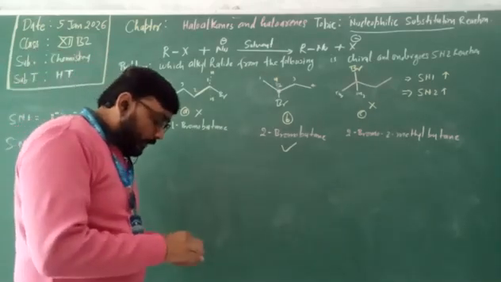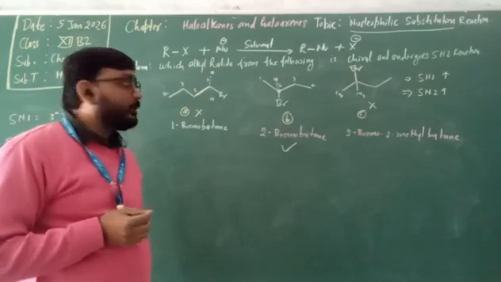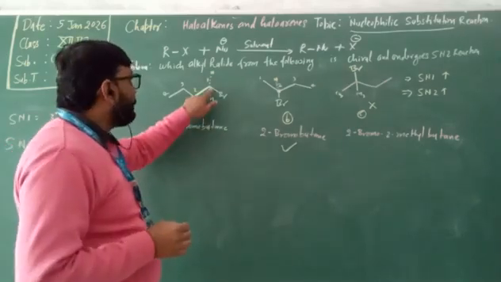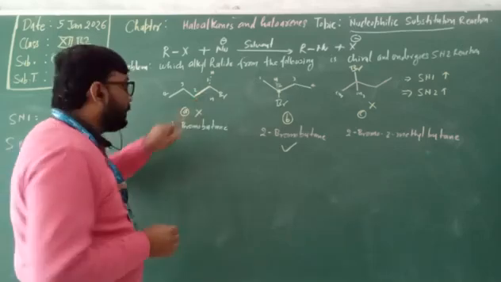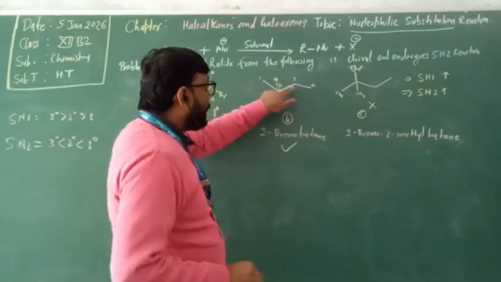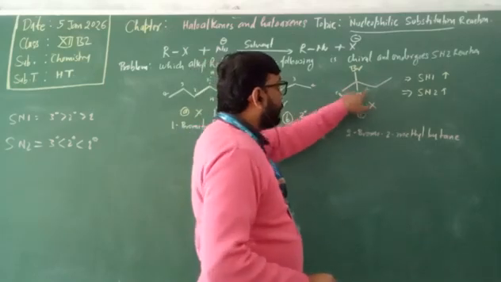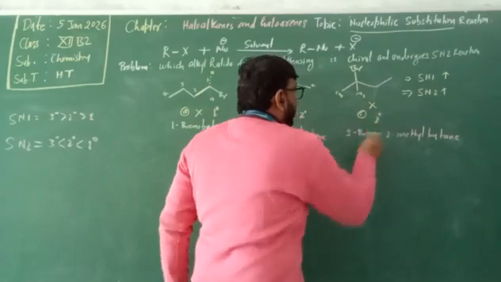First of all, identify the degree of the carbocation formed after removal of the leaving group. When bromine is removed, this carbon has only one carbon attached, so it is 1 degree. This one has 2 carbons, so it is 2 degree, and this has 3 carbons after the removal, so it is 3 degree.